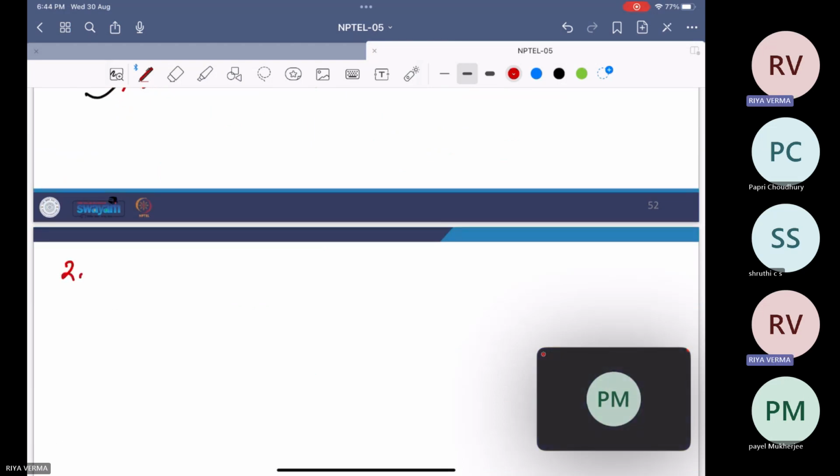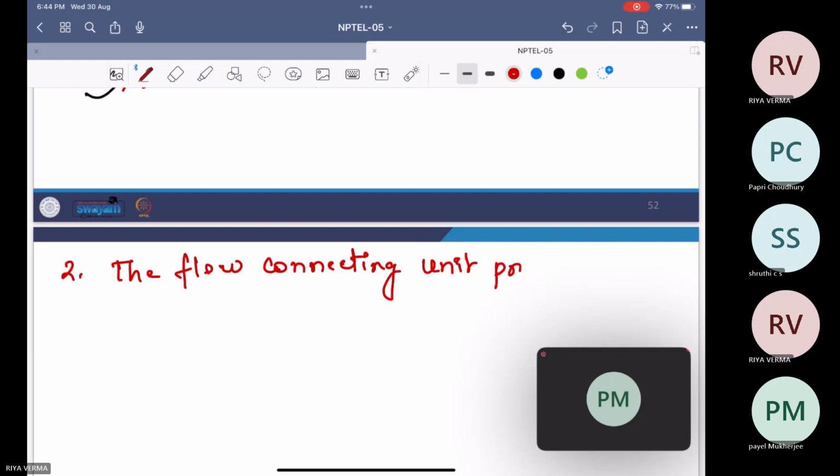Okay, so the next question is that one only. The flow connecting unit process with the environment. So, what would it be during LCA?